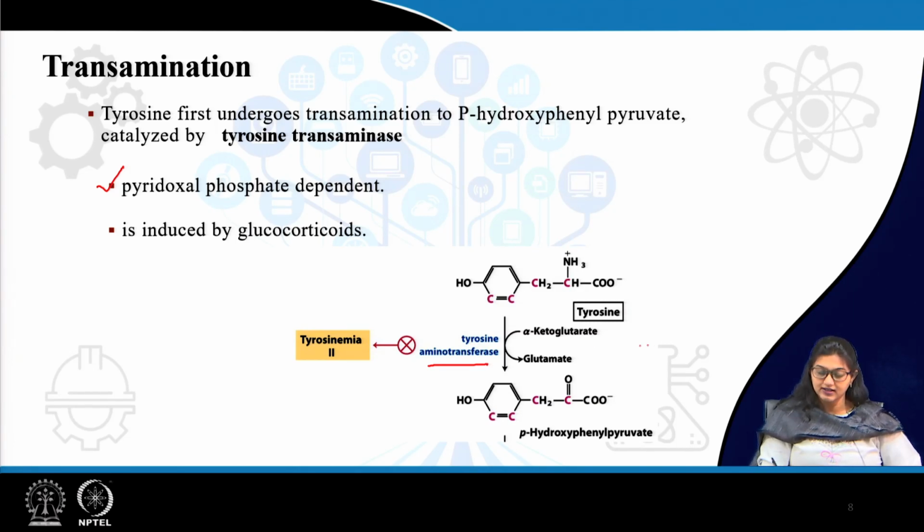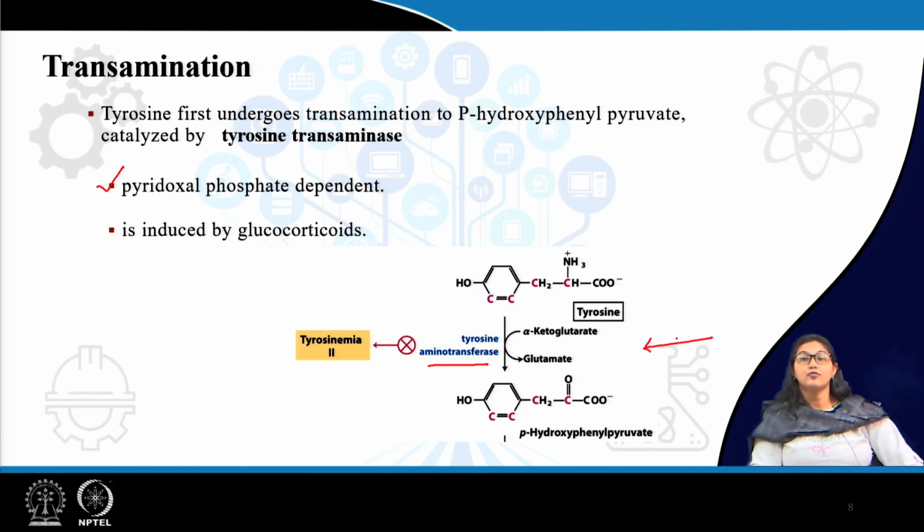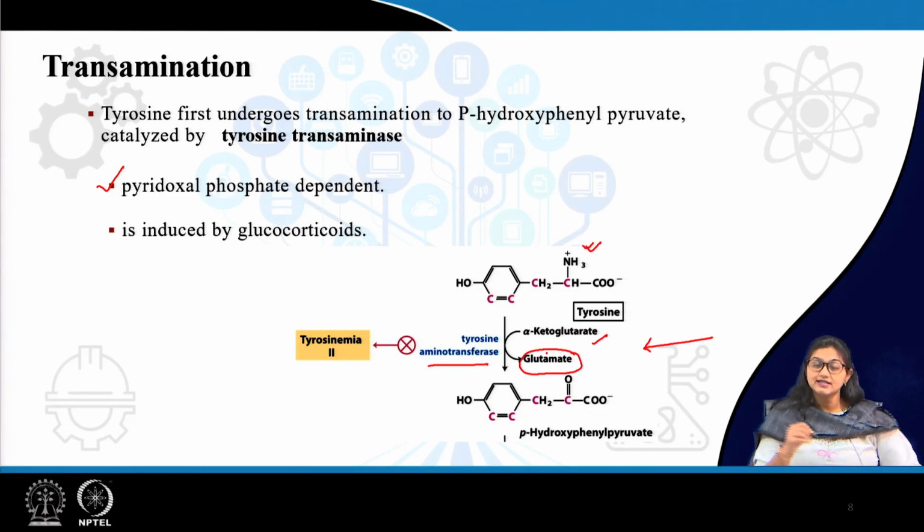Because it is a transamination reaction, the amine group is transferred to alpha ketoglutarate and glutamate is formed. If this step is inhibited, that is, if there is tyrosine transaminase deficiency, it causes tyrosinemia type 2.